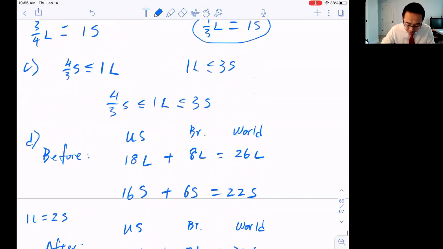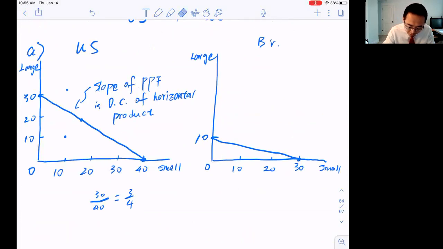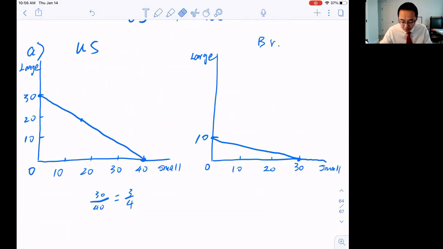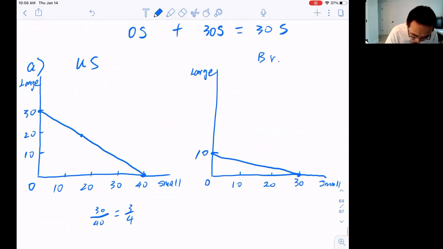So let's go back to just our graphs from part A. I'll use it for part E as well. I'll just erase all this extra stuff. Okay, so like we said, before trade, we arbitrarily picked that the US was producing at 18 large and 16 small, right?